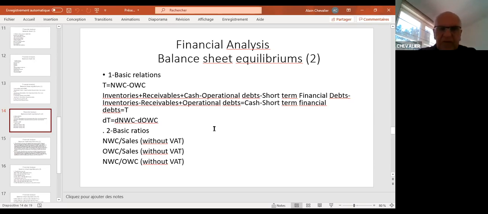And when you increase this ratio, you are safer, or at least the CFO is safer. It means liquidity risk is decreasing.